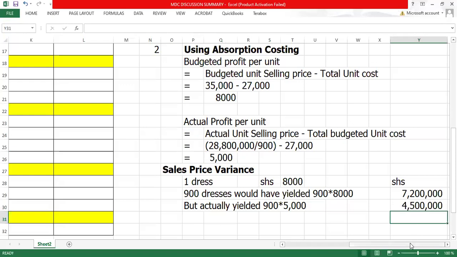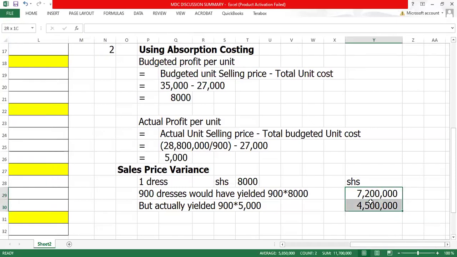So the question is, if you compare the budget with the actual, do you have a favorable variance or an adverse variance? I think it is adverse.